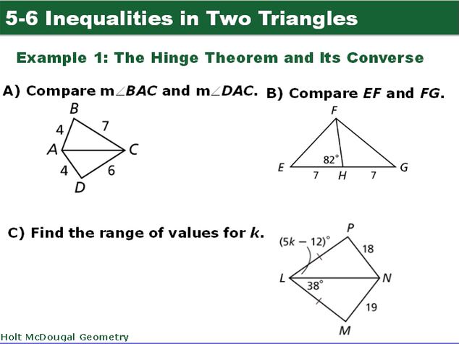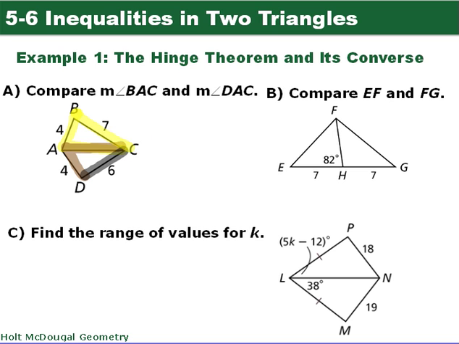So now we're going to compare our first example. We're comparing the measure of angle BAC, which is this angle here, with angle DAC. Notice that the side DC is less than side BC.